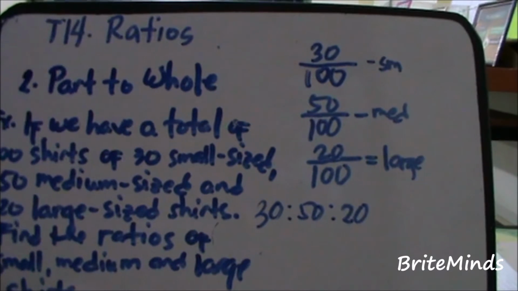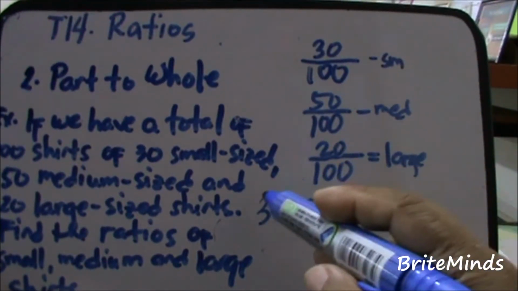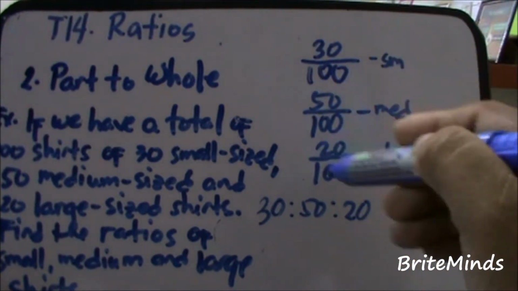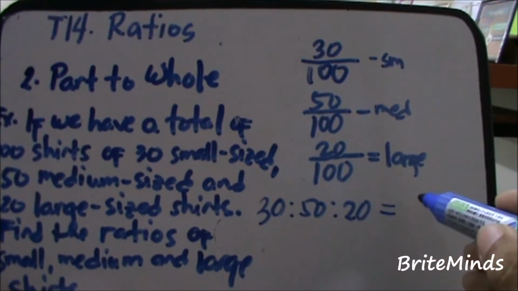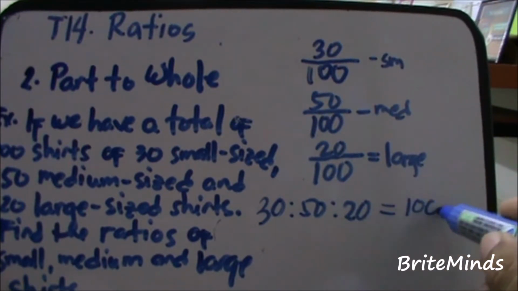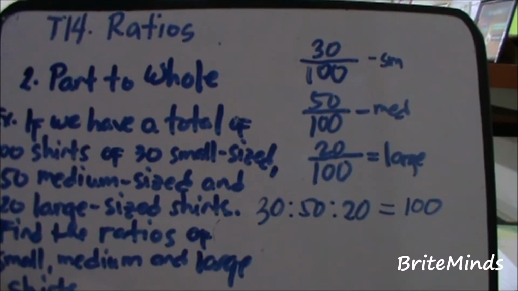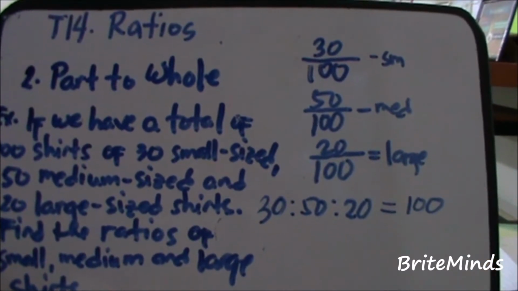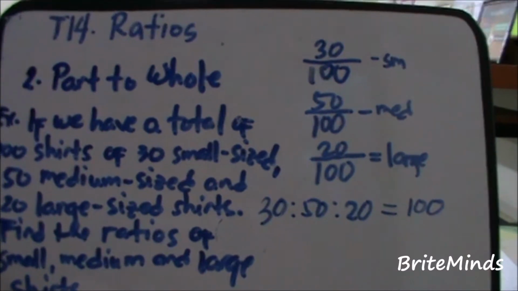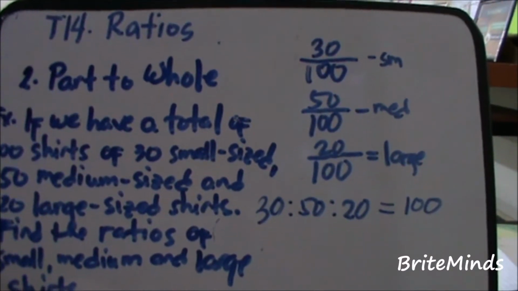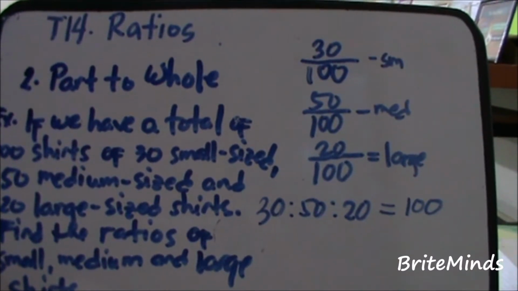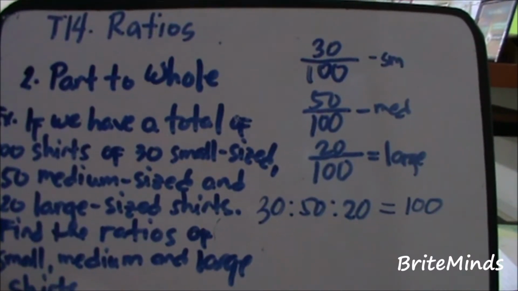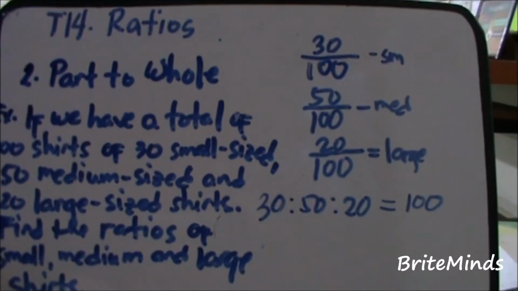If we add all the numerators, it equals 100. So it means that for 100 shirts, there are 30 small, 50 medium size, and 20 large size shirts.